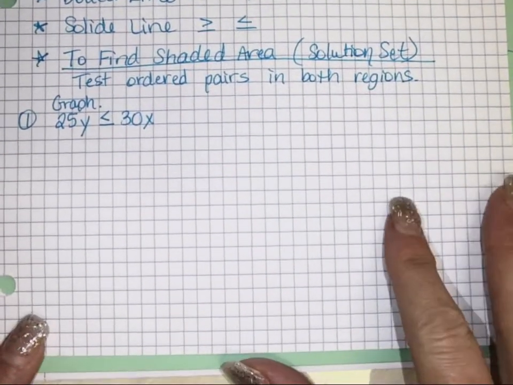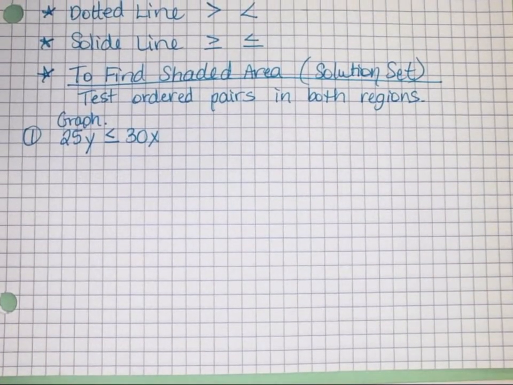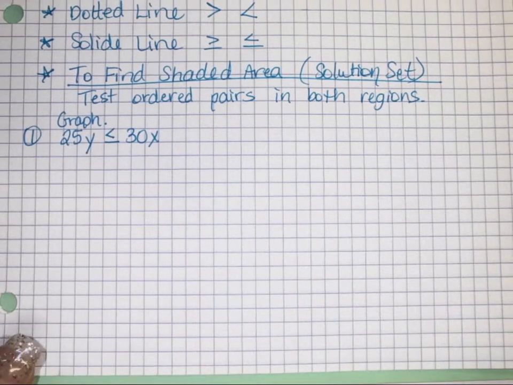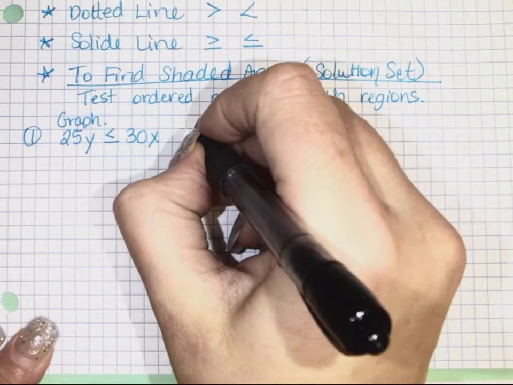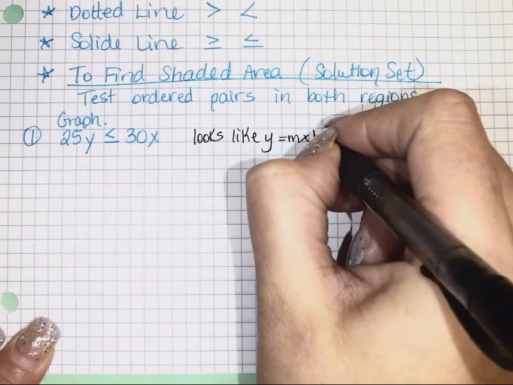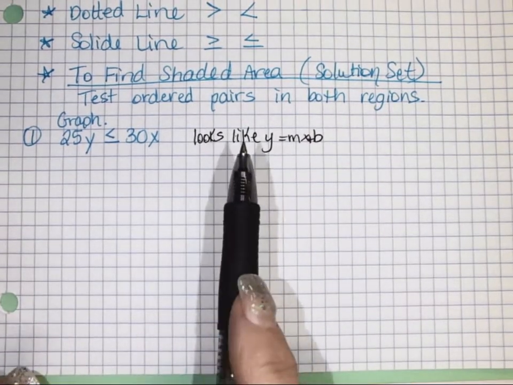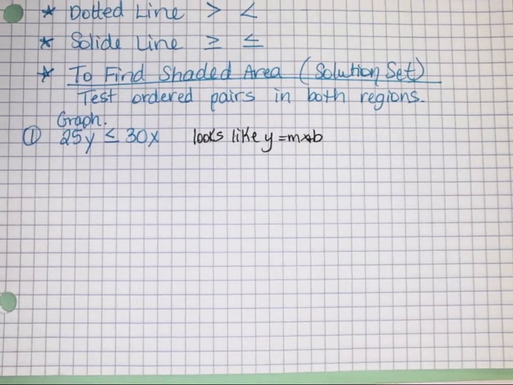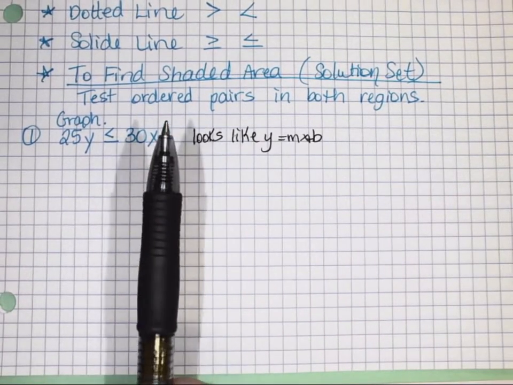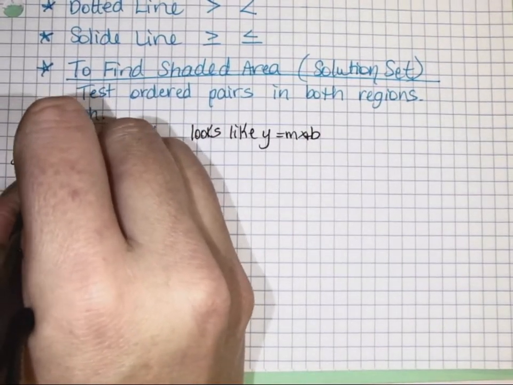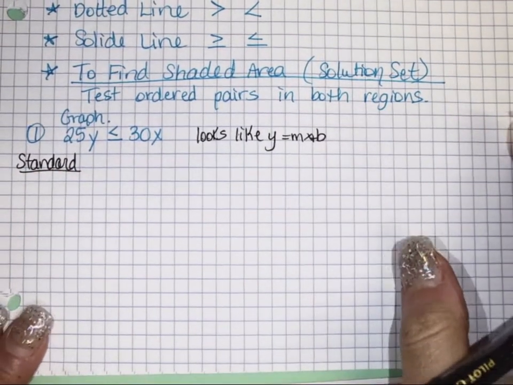All right, going back to number 1. Graph this inequality, and notice that this is pretty close to resembling y equals mx plus b. Or it also is very close to resembling ax plus by equals c if you get x and y on the same side. If you were to put this in standard form, you would need x and y on the same side.